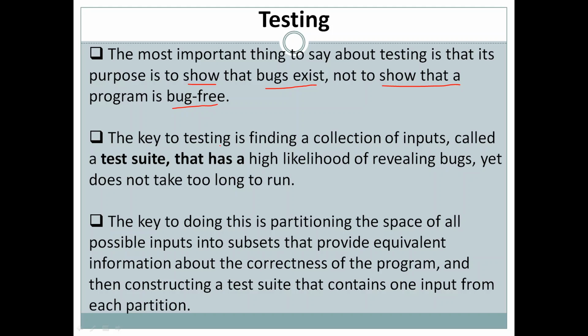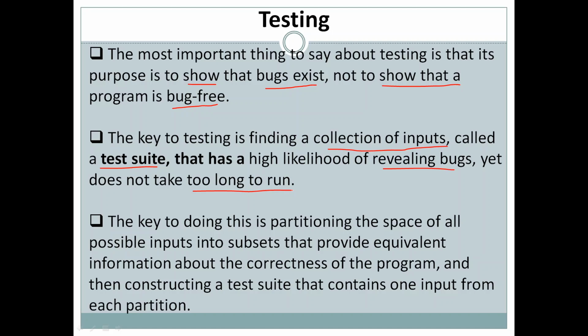The key to testing is finding a collection of inputs, called a test suite, that has a high likelihood of revealing bugs and does not take too long to run.